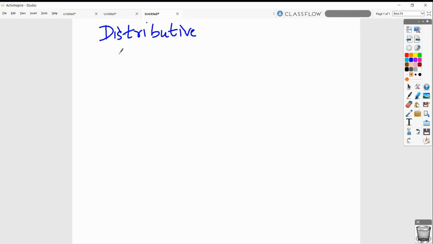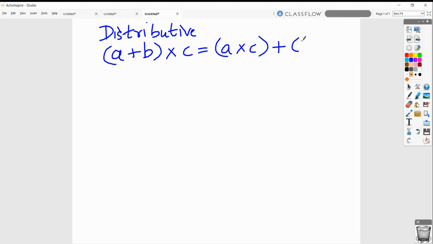Let me write the distributive property that is usually there in the textbooks, so that you will know how to connect with that and this. Usually, this is what is given in the textbooks about this distributive property. What does this mean?